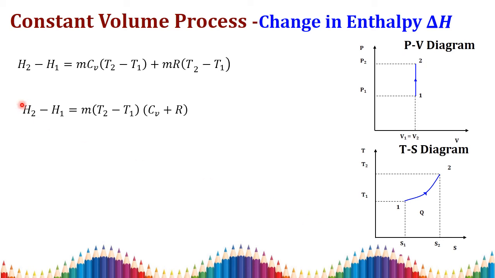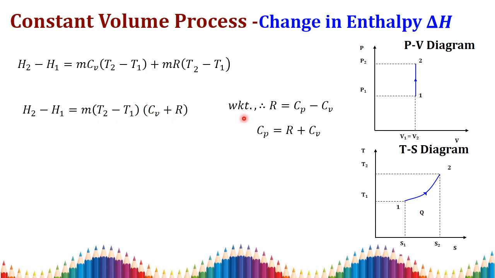Then I am just rearranging the equation. H2 minus H1 is equal to mCv into (T2 minus T1) plus mR into (T2 minus T1). In these two terms, (T2 minus T1) is common, so taking it outside, H2 minus H1 is equal to m into (T2 minus T1) into (Cv plus R).